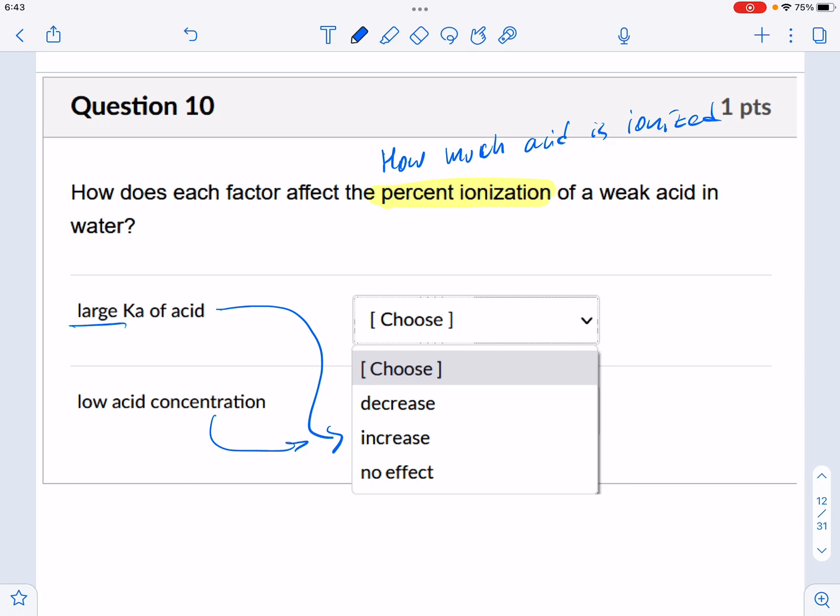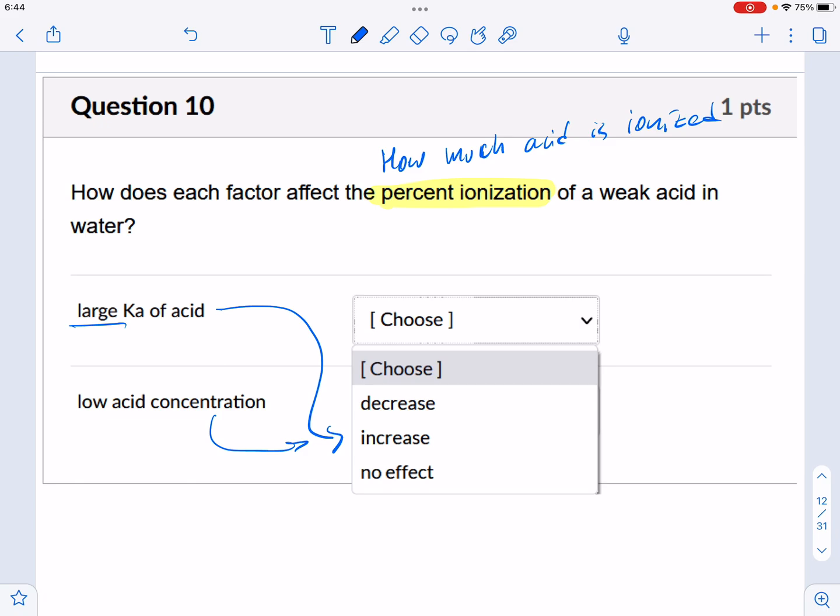Think in terms of the room that the acid has to ionize. Remember, a weak acid doesn't really want to ionize, so it's just a small fraction of the acid that is ionized. So if you increase the concentration of the acid, then the acid is less likely to ionize. Why is that? Well, think in terms of how much of the acid is already present in the solution.